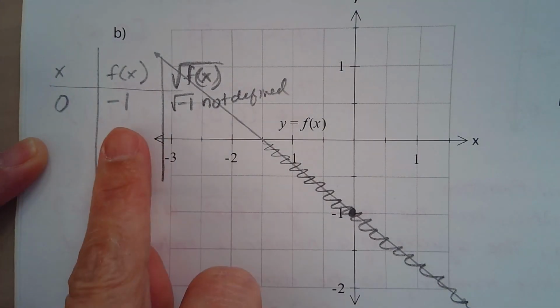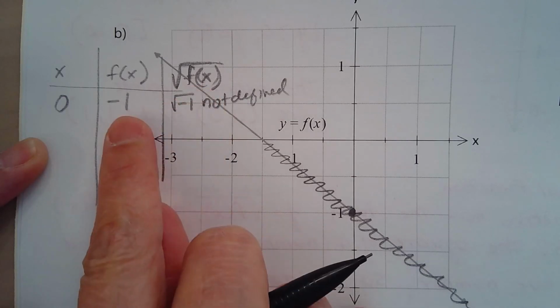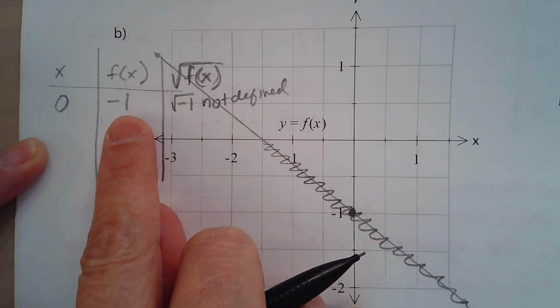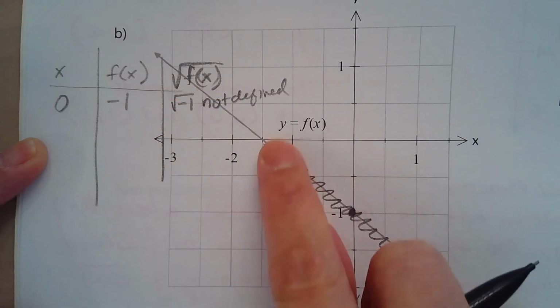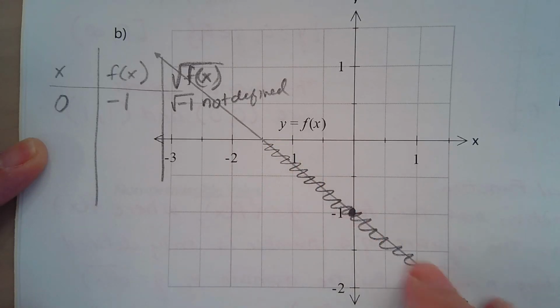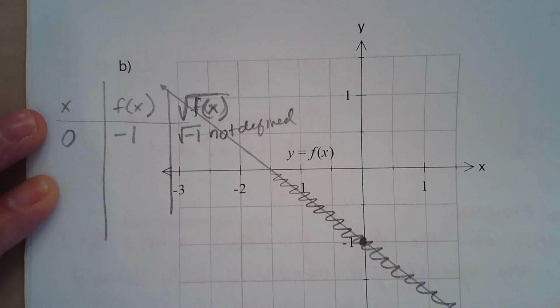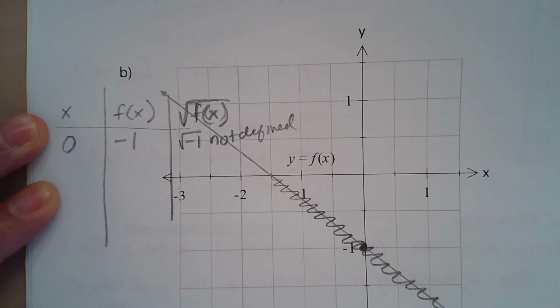It's not defined when f of x is a negative value. Are you okay? So anything below here, we're going to have y values that are negative. So that's gone. Is that pretty clear there?